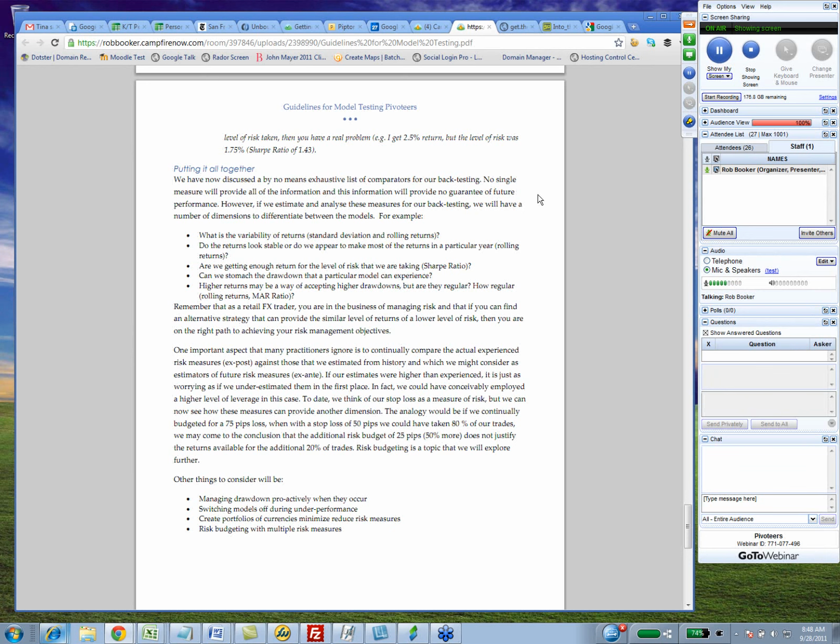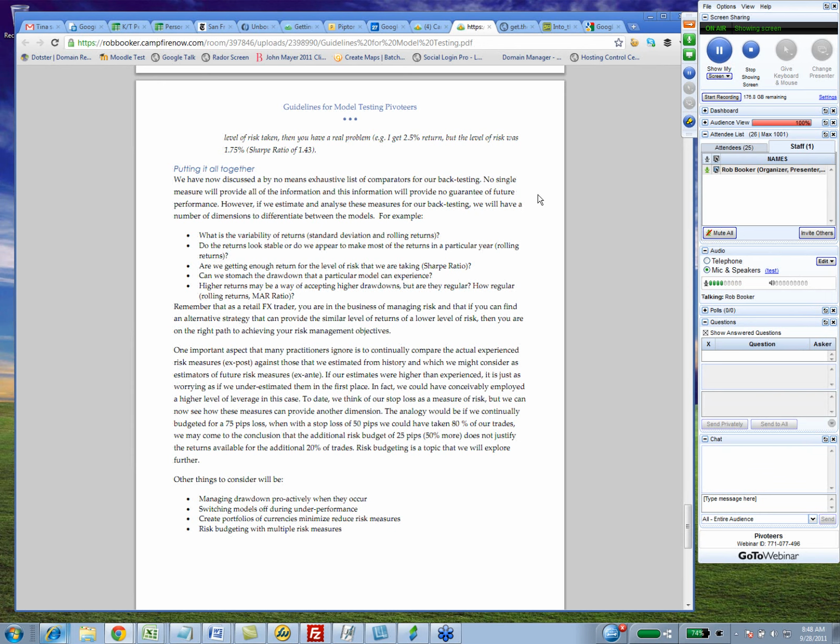And using this document to analyze your results and to consider what you should be trading is better than not doing it at all. Over time, this document expands, your understanding of risk expands, and your management of risk expands as well. And so it's a good place to start. It's a giant leap forward.